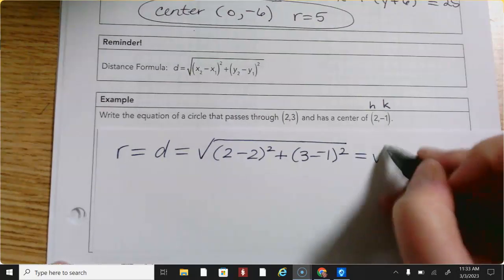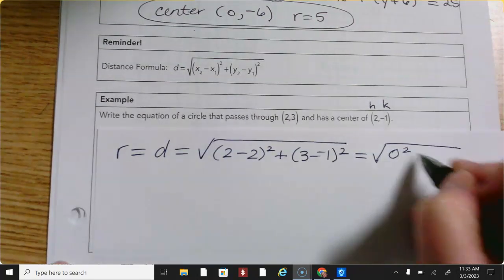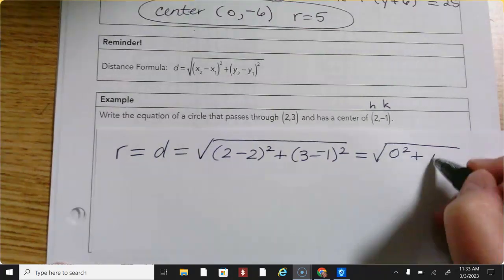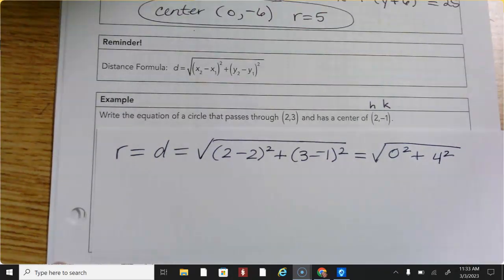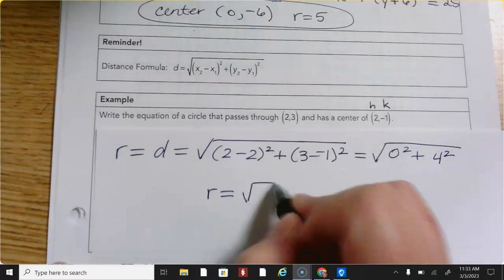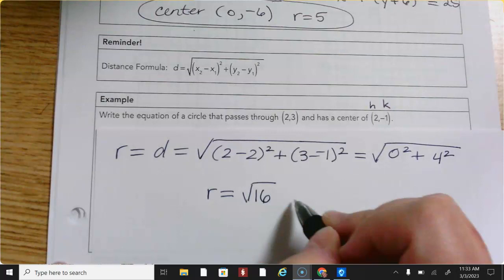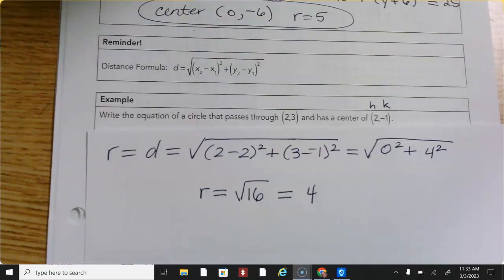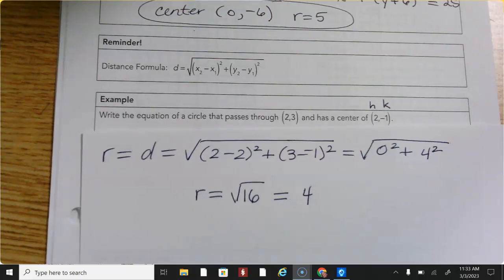Okay, that's 2 minus 2 is 0 squared, plus 3 minus a negative 1 is 4 squared. So that means my radius is the square root of 16, which is just 4. So now I have found the radius. Let me pause there for you to catch up.